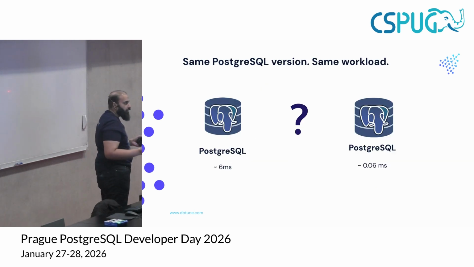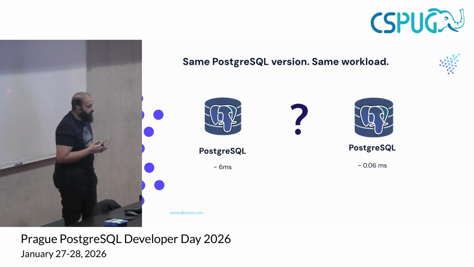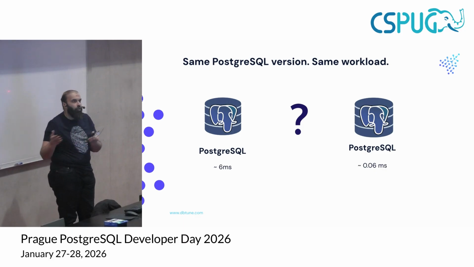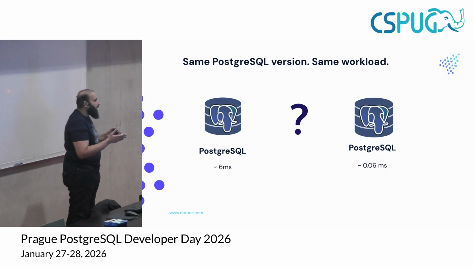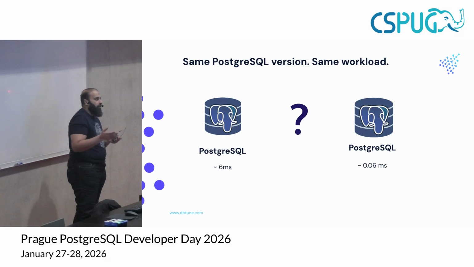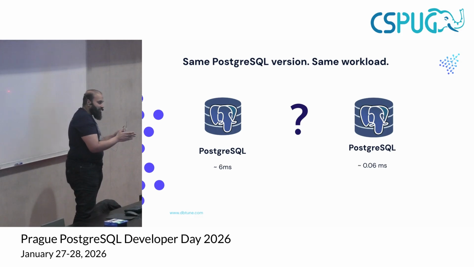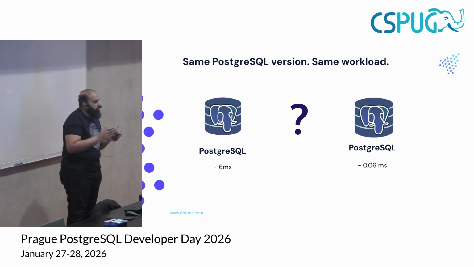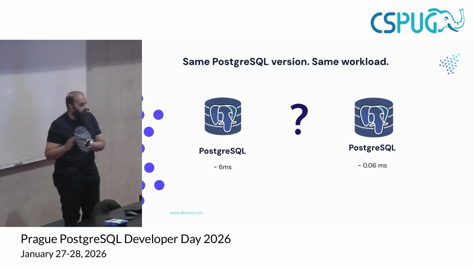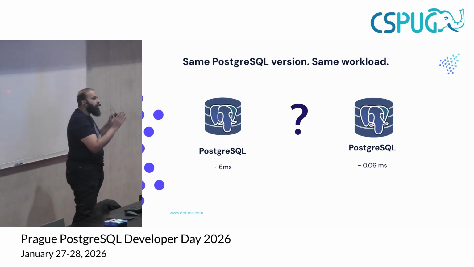I'm going to give you a puzzle. As I was saying, as the DBtune stack grows, we end up applying the workload from one database to another. So here is one Postgres version applied on one stack, and the same Postgres version applied on a different stack with the same workload. Everything is the same. A tuning recommendation gave us a configuration that should be performing very well.